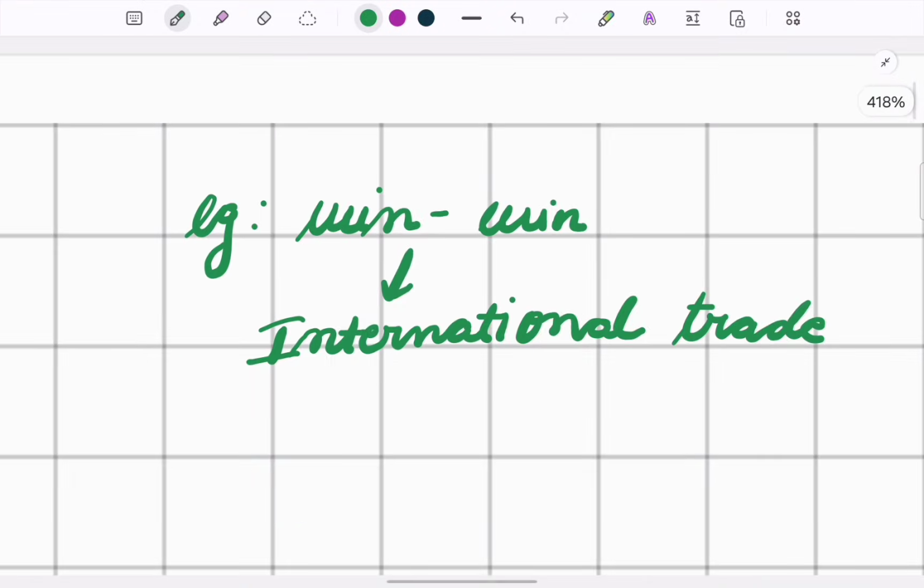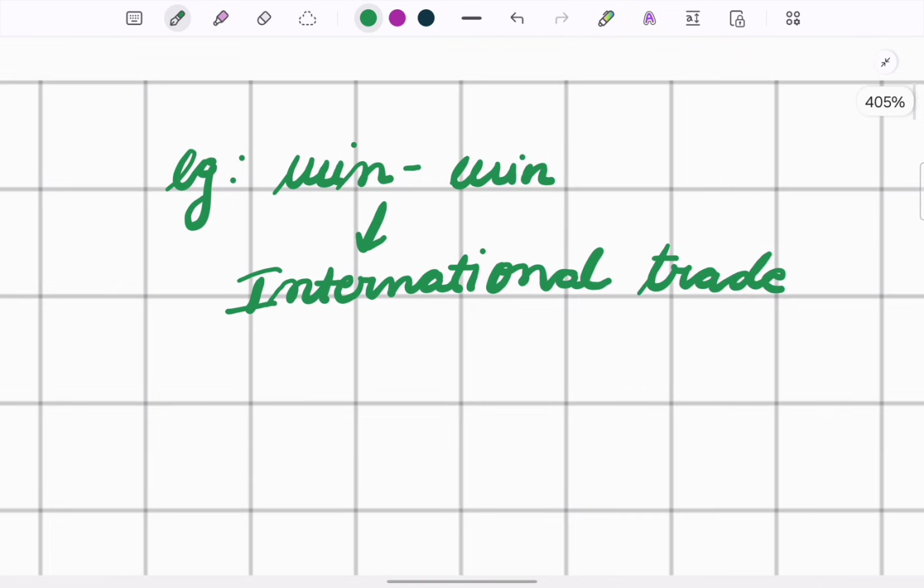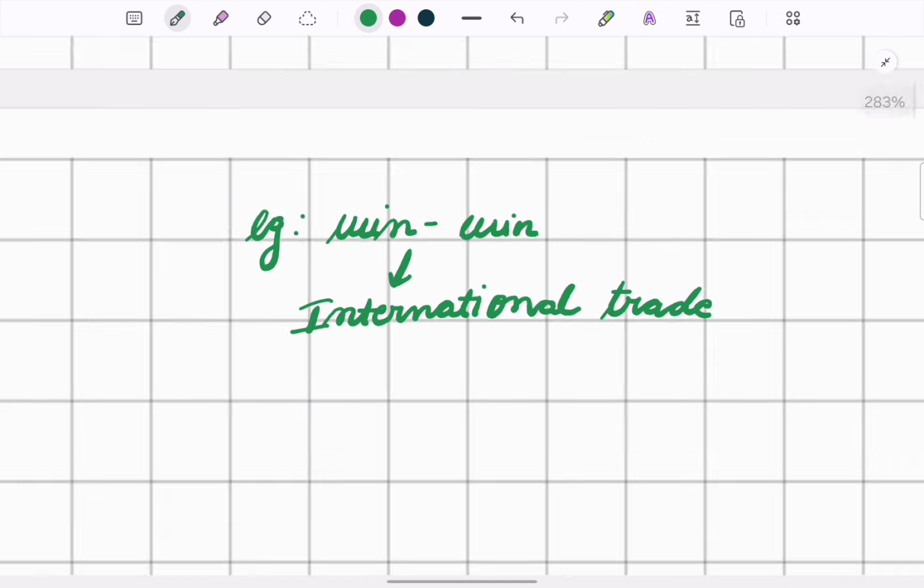International trade. So, in international trade, each country is going to produce more of the good in which they have the relative advantage in producing than the rest of the world. And what we will end up having is globally more production, which the countries can exchange with each other, and that is how international trade is a win-win scenario for each of the countries.